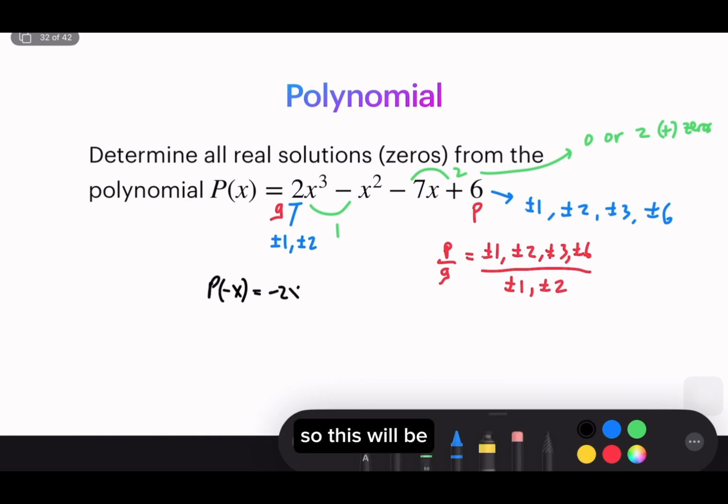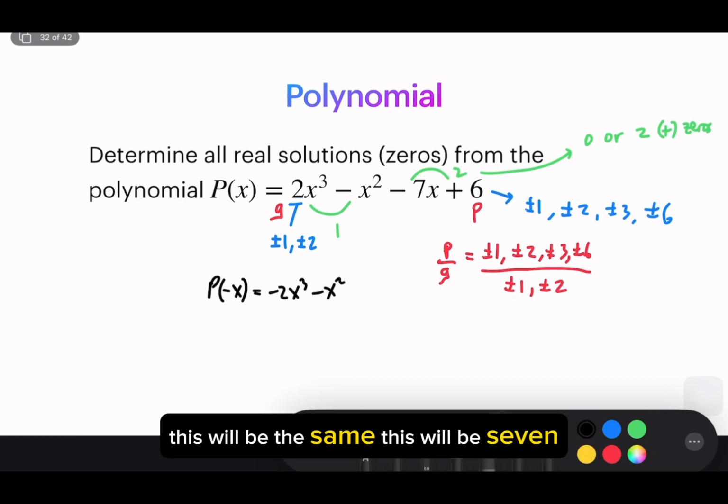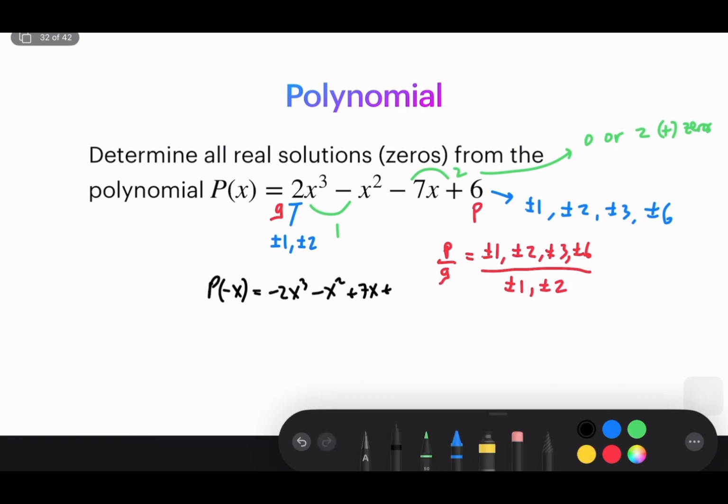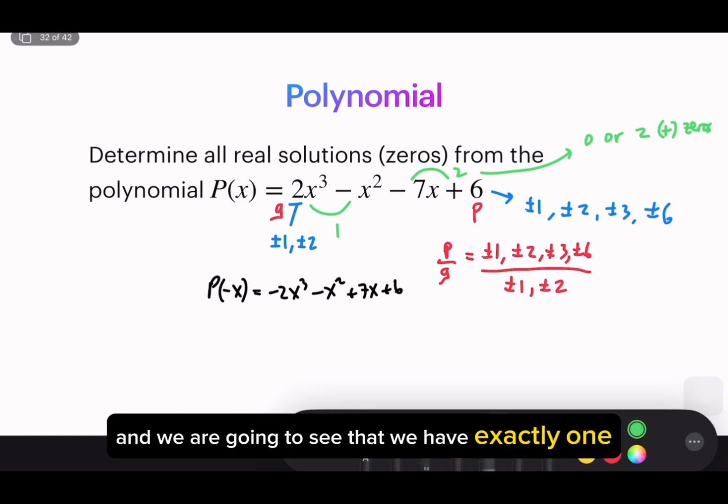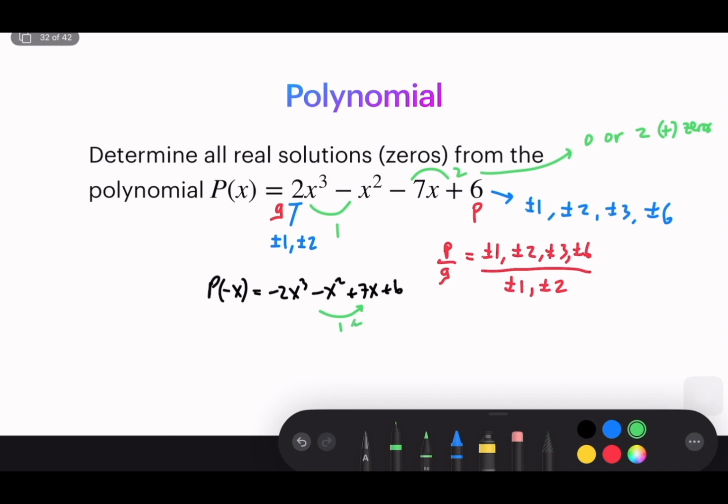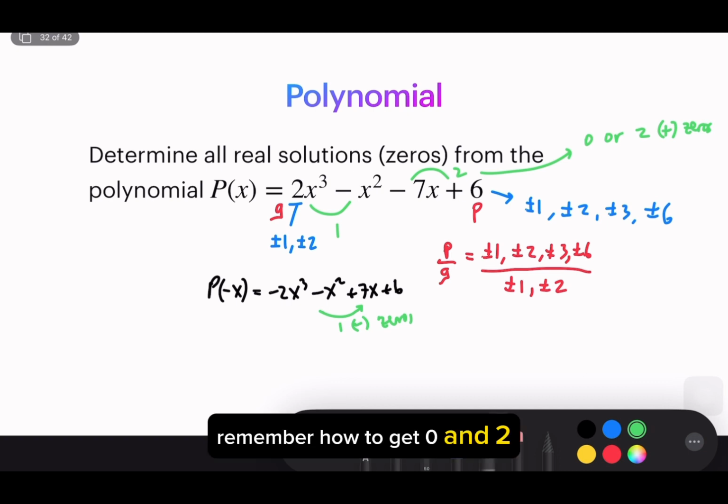So this will be the same. This will be 7. And we are going to see that we have exactly 1, so it should have 1 negative zero.